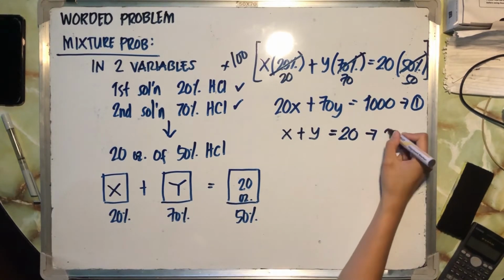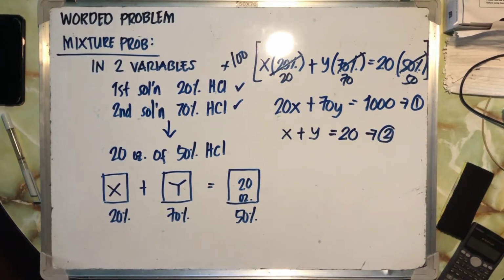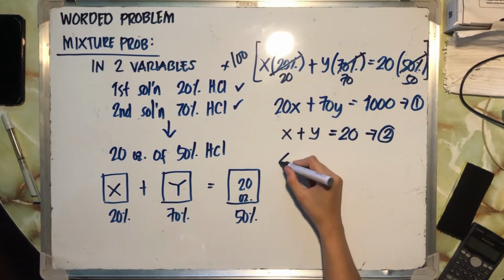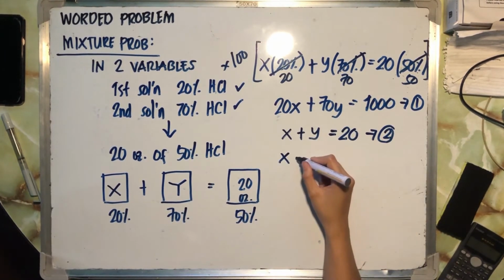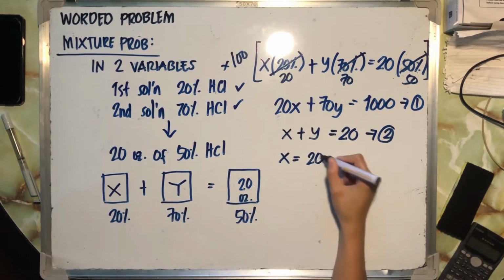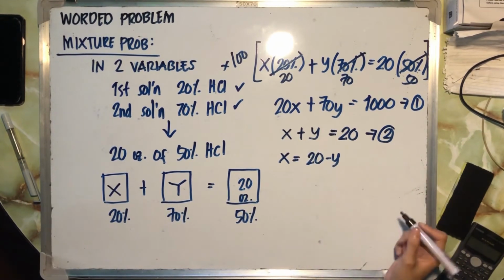And that would give us our second equation na ngayon. Okay. Systems of linear equation, you can use substitution method or elimination method. Actually, pwede siya i-calculator, but let's just have it as the manual substitution method, let's say. Okay? So that x would be equal to 20 minus y.